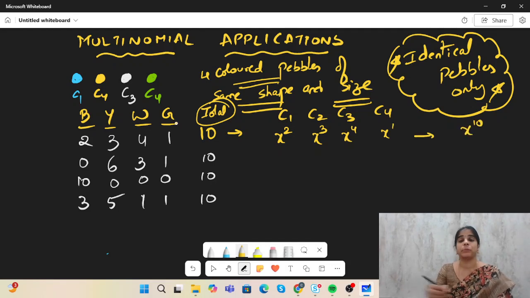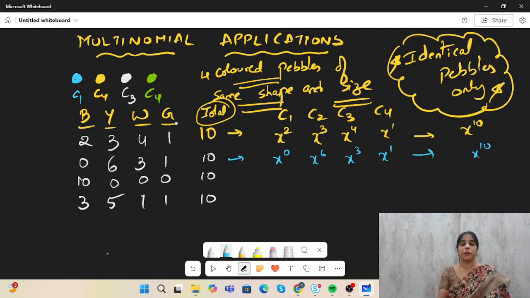They make my x to the power 10, right? What does the power indicate here? The power indicates the number of pebbles or number of items that you are choosing here.